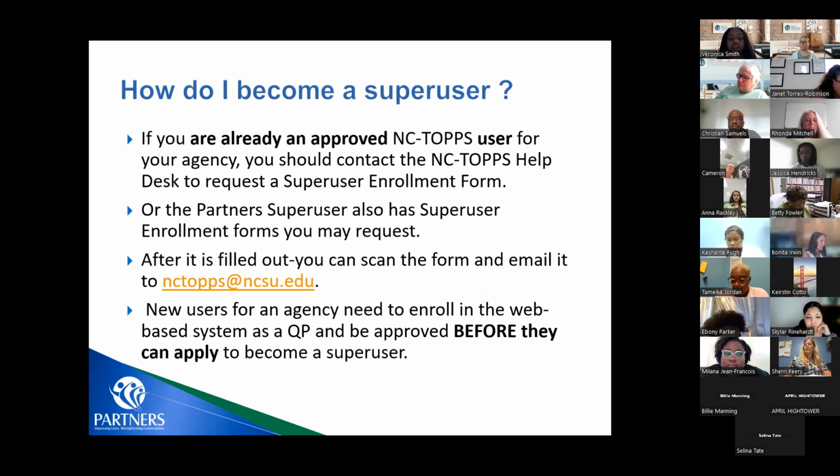So how do you become a super user? If you are already an approved NCTOPPS user for your agency, you just need to contact the NCTOPPS help desk to request a super user enrollment form. You can also reach out to myself through the NCTOPPS questions at partnersbhm.org email address to obtain that super user enrollment form.